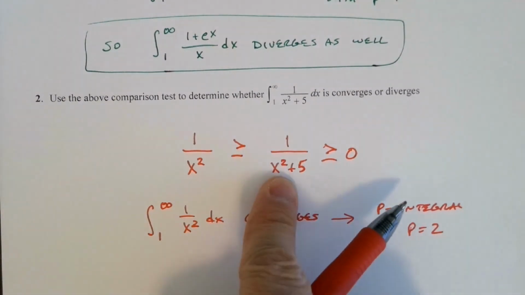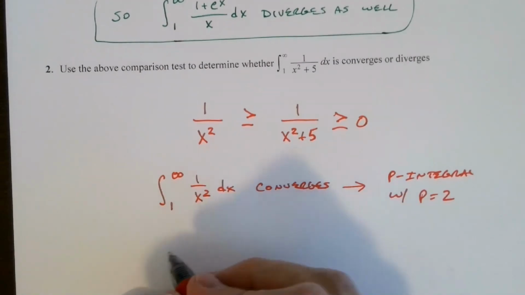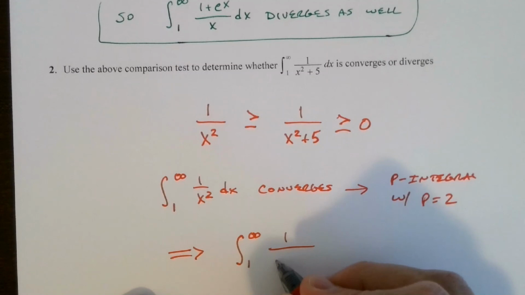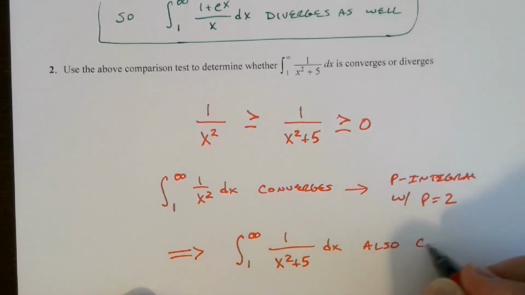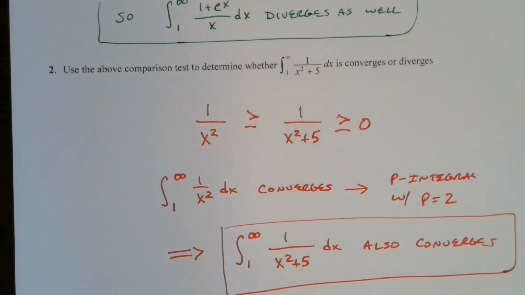Indeed, our values are always less than or equal to this one, and since this integral converges, therefore the integral from 1 to infinity of 1 over x squared plus 5 also converges. And that's how we can use comparison tests in certain cases to determine whether an improper integral of this particular form converges or diverges.